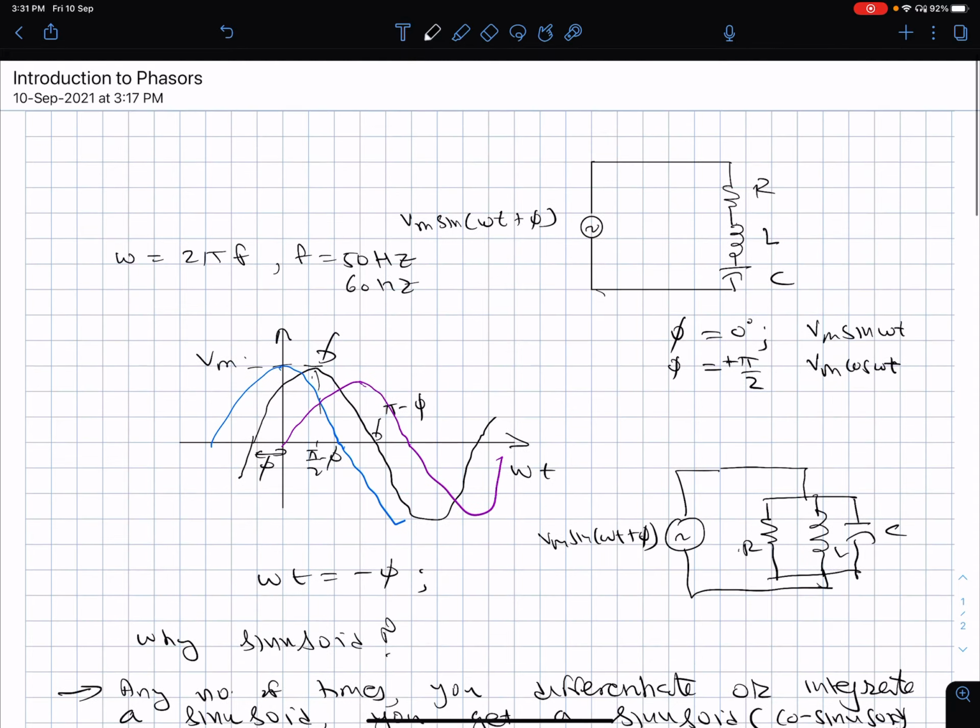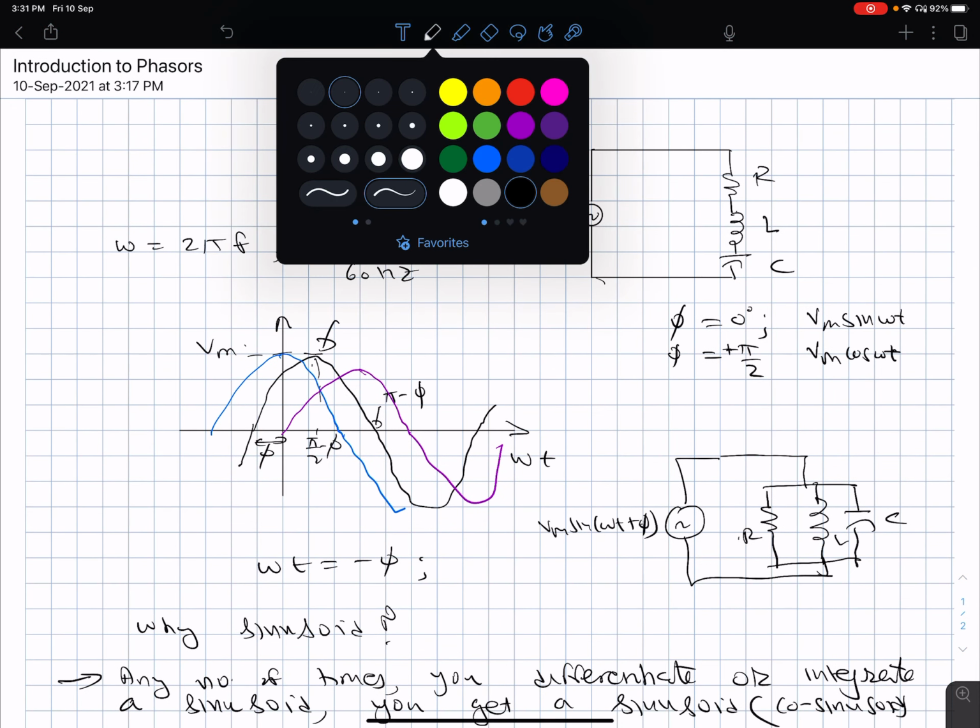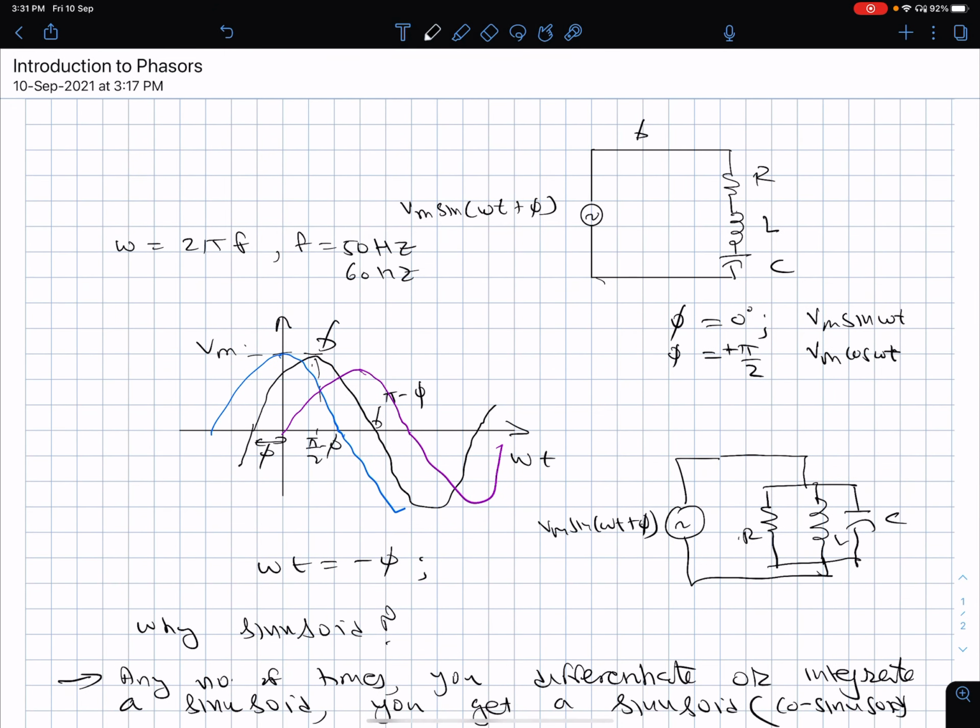So for a circuit like this, I am not showing the switch here, because right now what I am diving deep into is understanding the steady state performance.